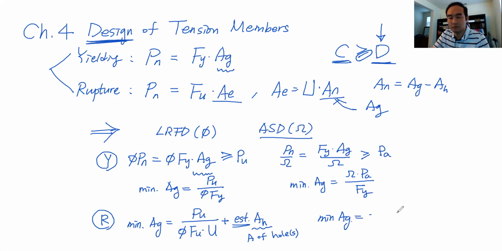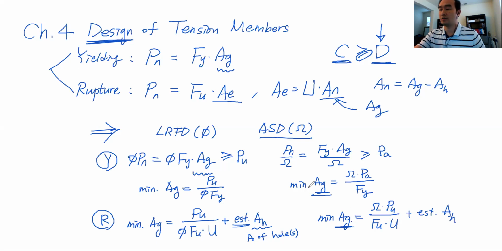That is equal to omega times Pa over Fu times U, plus the estimated area of the holes. Okay, so using these two equations, we will determine the minimum required gross area of your section, and based on those two values, we will make a selection.